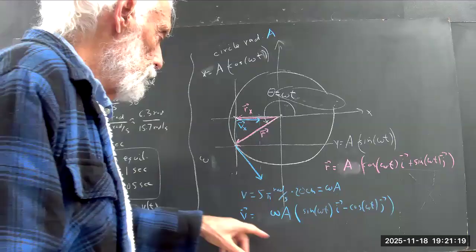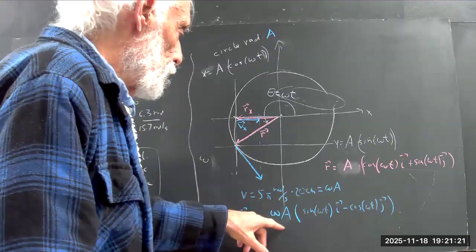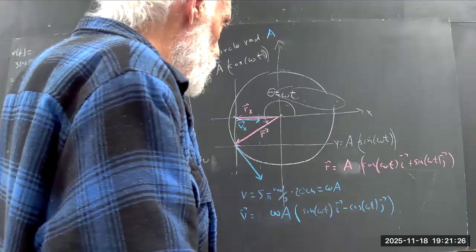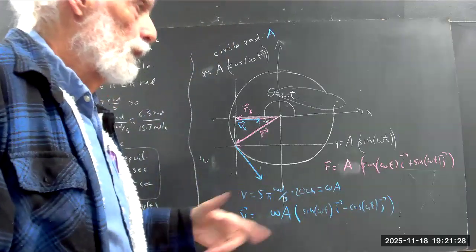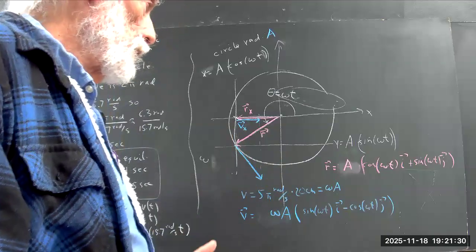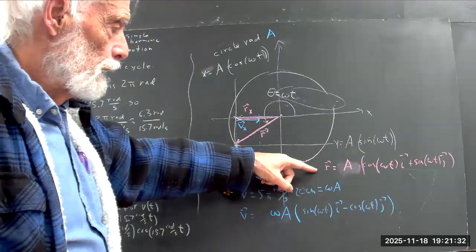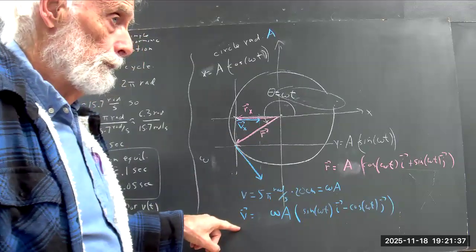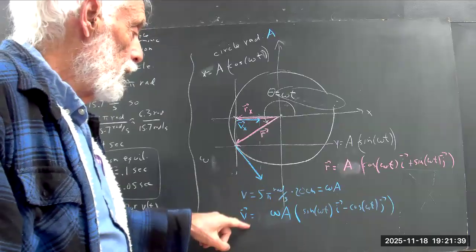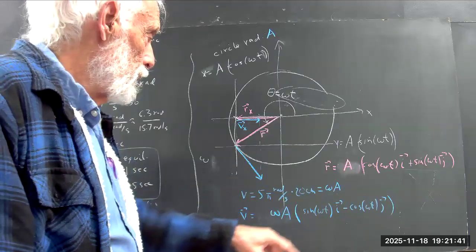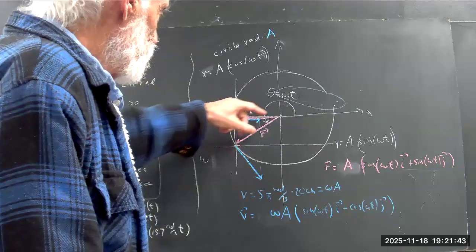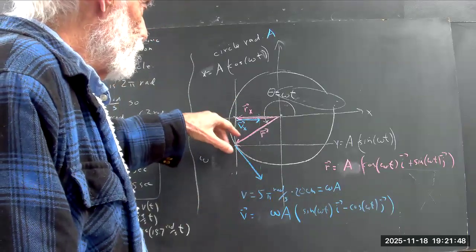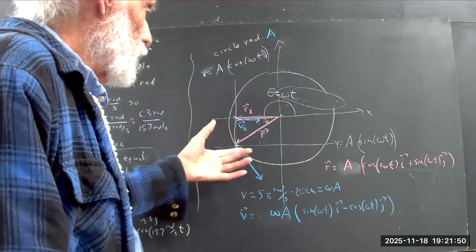Velocity is omega A. The vector velocity is omega A times the sine of omega t i minus cosine omega t j. And now I can say what I started to say when I had things jumbled up a little bit. If I take the derivative of the R vector, I get the V vector. Now remember, when I built this V vector up, I simply took the components of the R vector and switched them around.